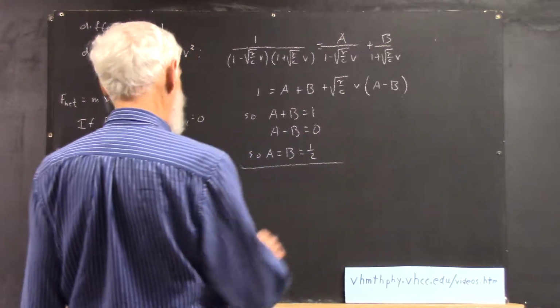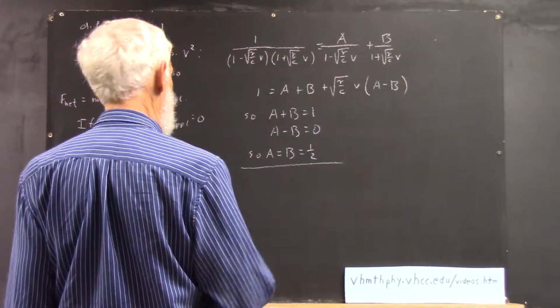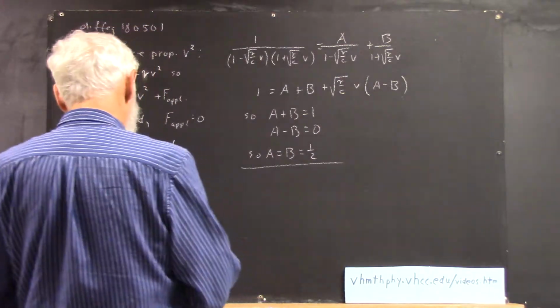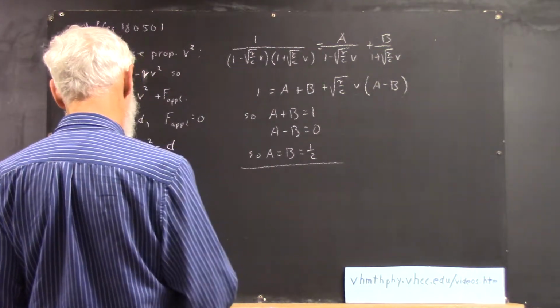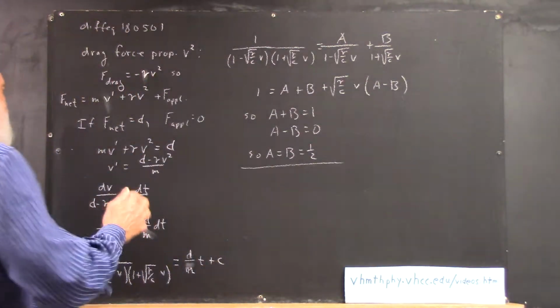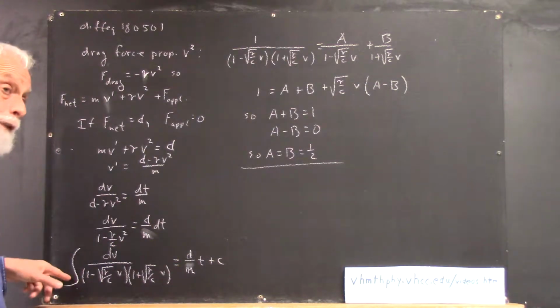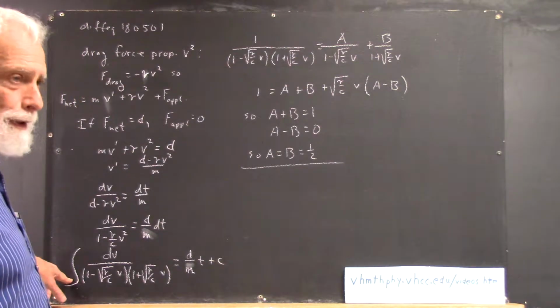Okay, so now we have, now this equation becomes... I wrote down the integral over here and I didn't put an integral sign in front of this, which is kind of ignorant.